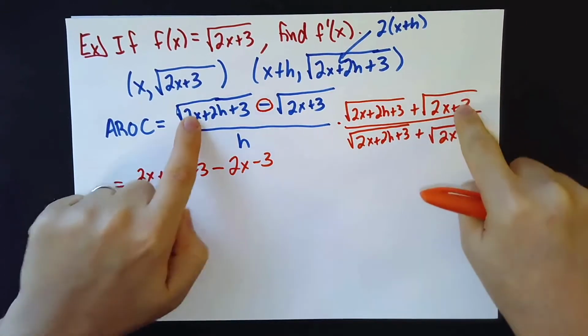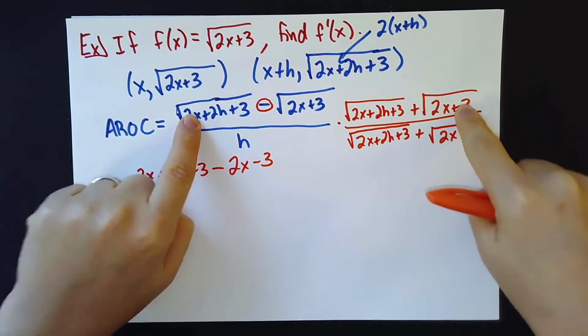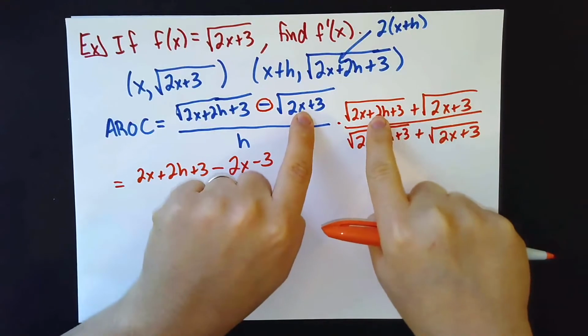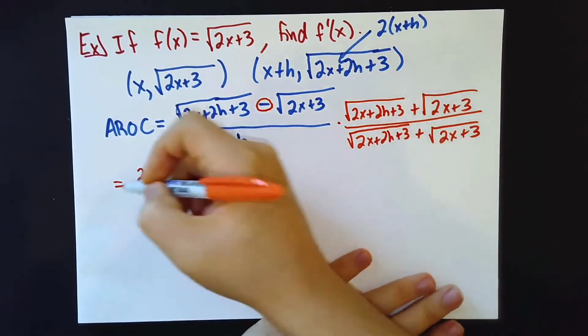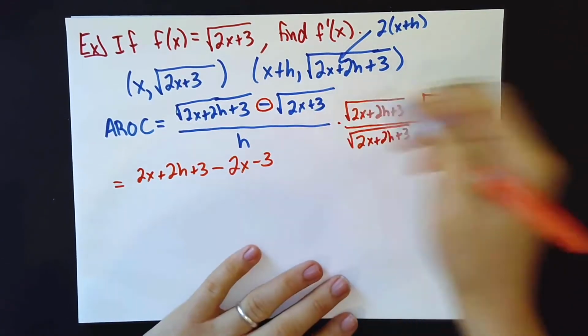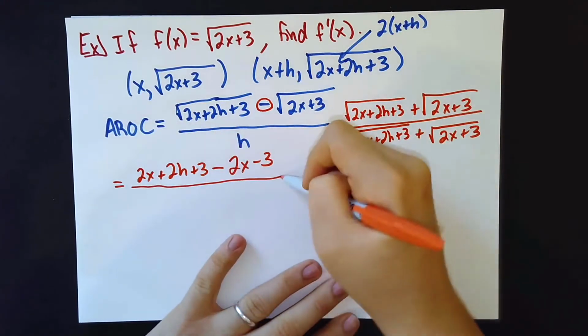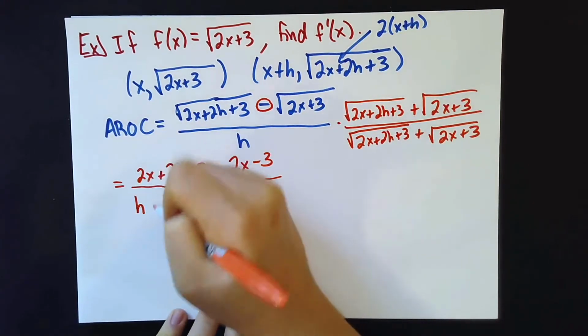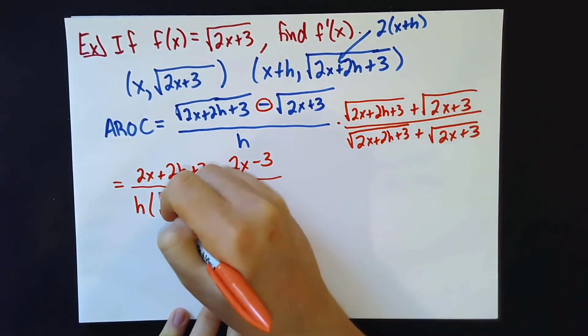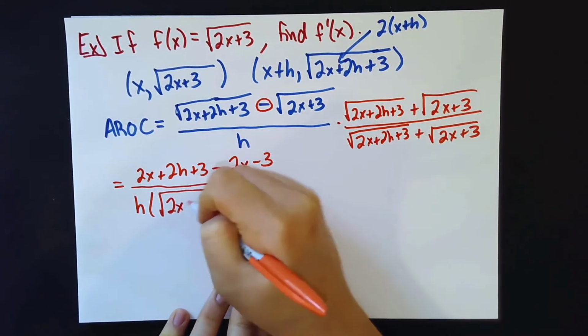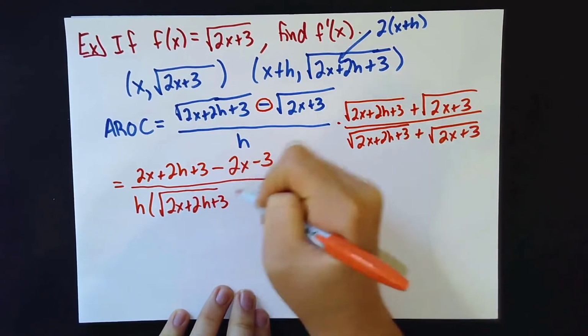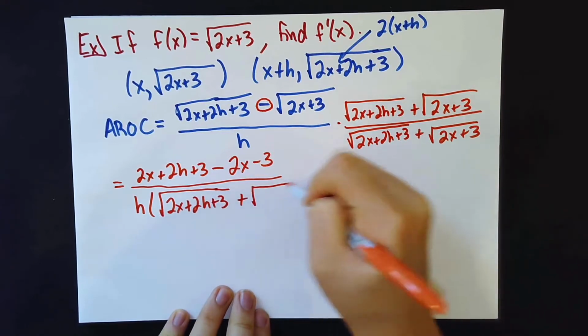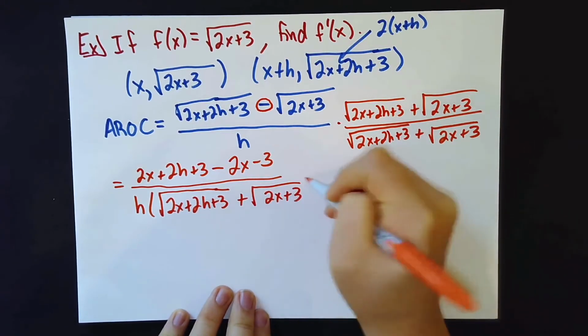But that pair gives me a plus, and then that pair gives me a minus of exactly the same thing. So in fact, my whole numerator ends up being this. Everything else disappears. Okay, and so now I've got an h times the square root of 2x plus 2h plus 3 plus the square root of 2x plus 3.